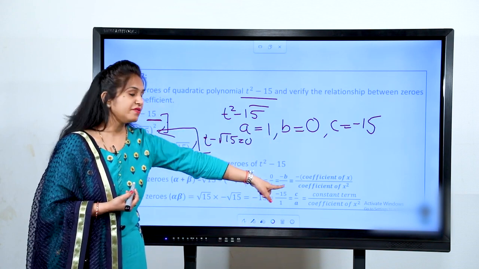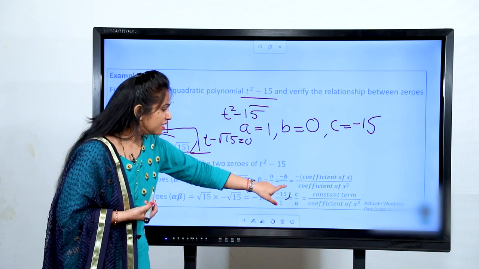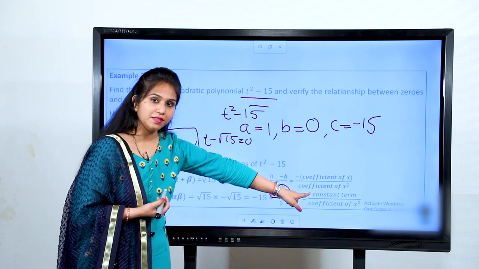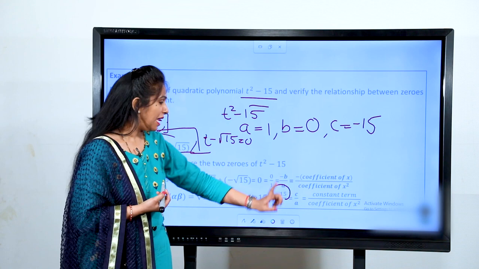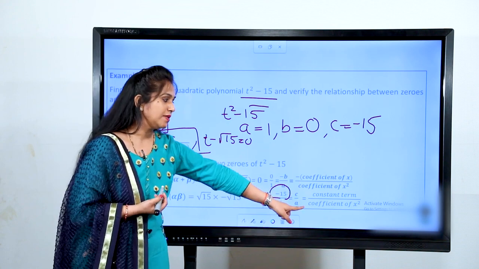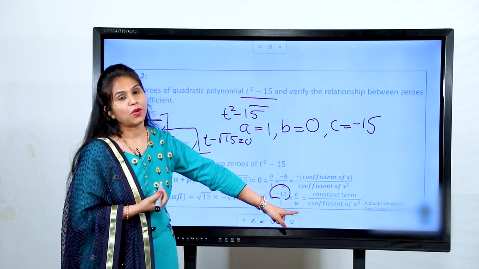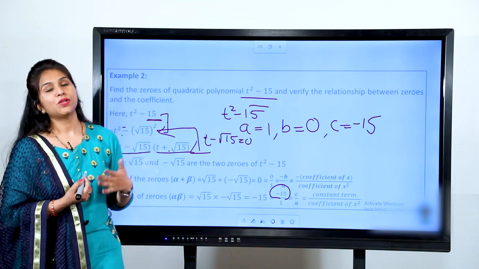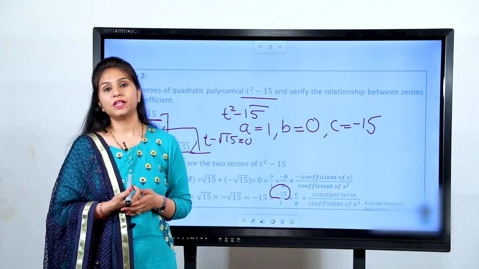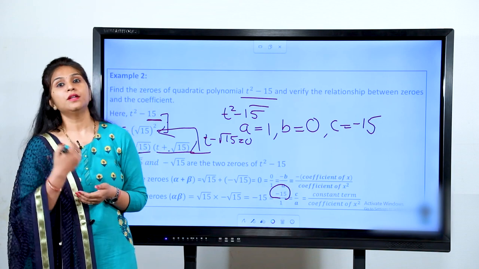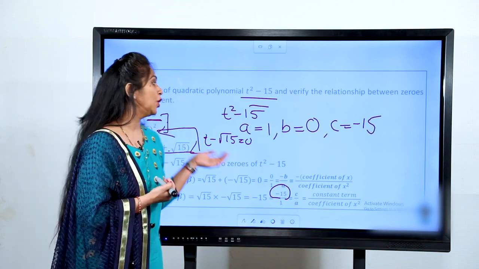So we are getting minus 15 upon 1. Minus 15 is actually the constant term of the given polynomial, and 1 is the coefficient of x square. So this is another example to explain the relationship between the zeros and the coefficients of a quadratic polynomial.